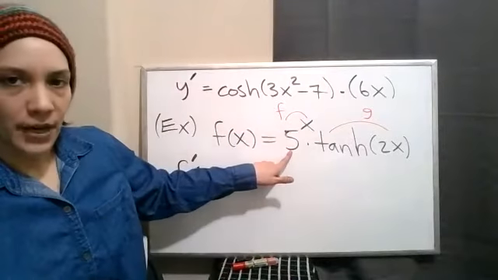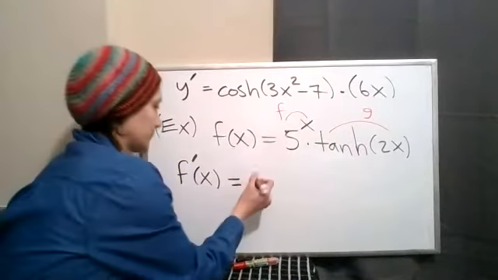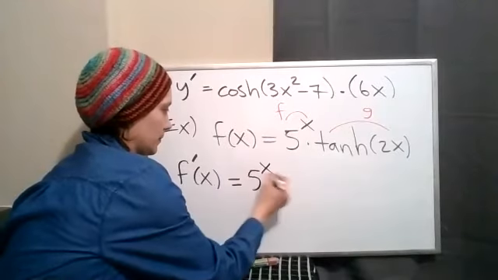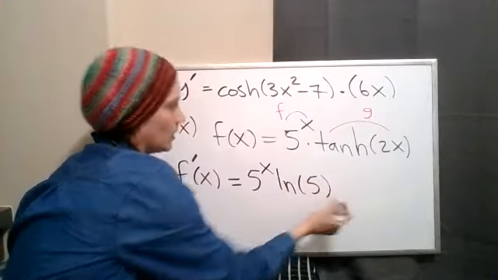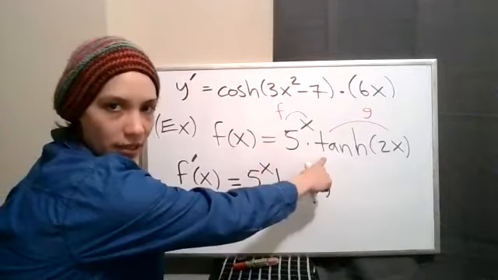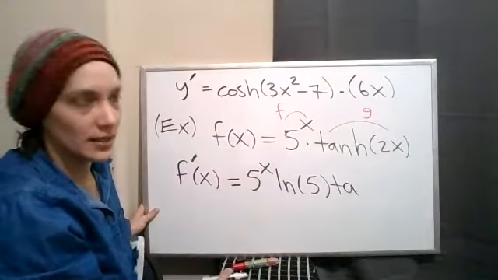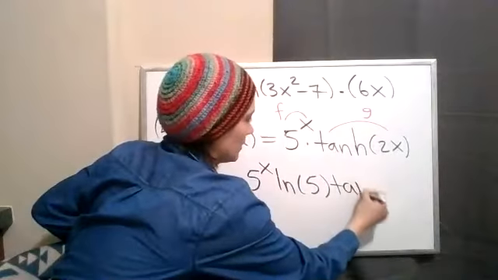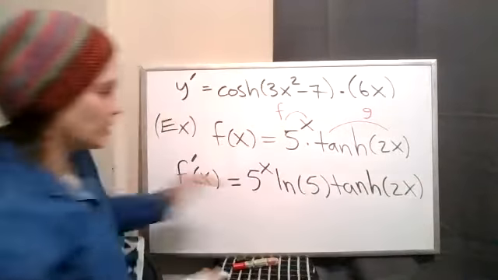Start here. F prime will be 5 to the x times ln of 5. Then multiply by g, tanh of 2x. Okay, that's the first term.